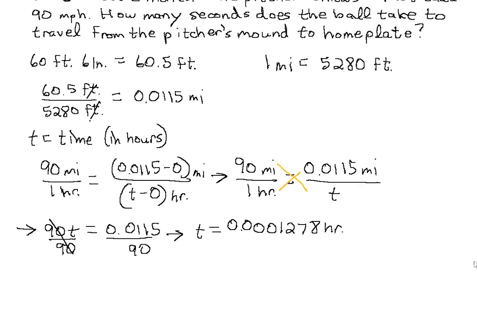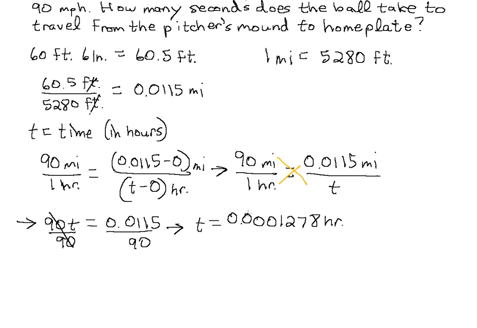It's a really, really small number, so we want to take all the decimal places that we need. This is the amount of time in hours that the ball takes to go from the pitcher's mound to home plate. So all we need to do is convert our answer from hours to seconds.